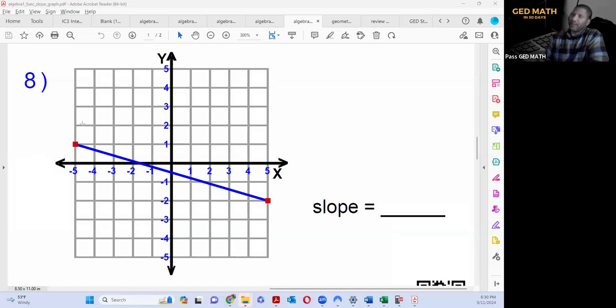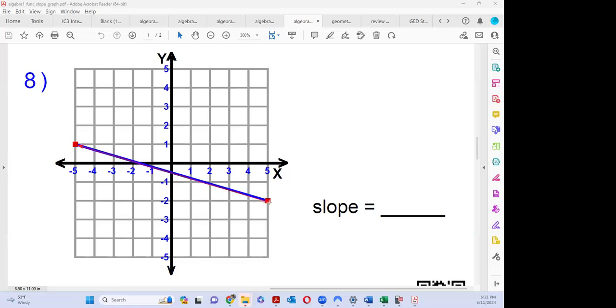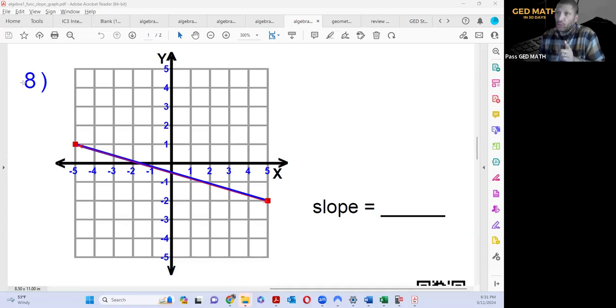So from left to right, I'm starting at my leftmost point. Oops, that was still blue. We change back to red. My leftmost point. How do I get to my second point? Which way am I going? Am I going up or down? Down. So right from there, you know the slope is negative.